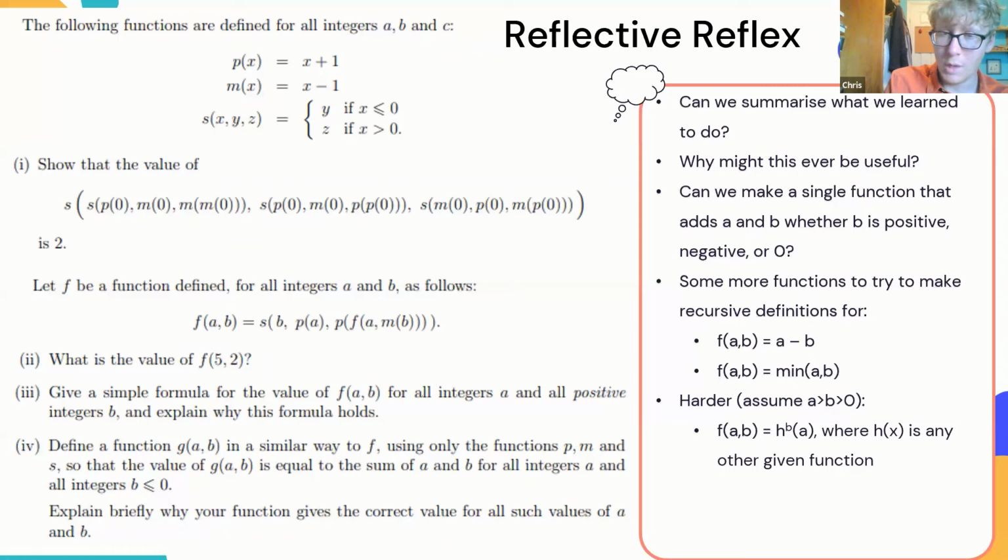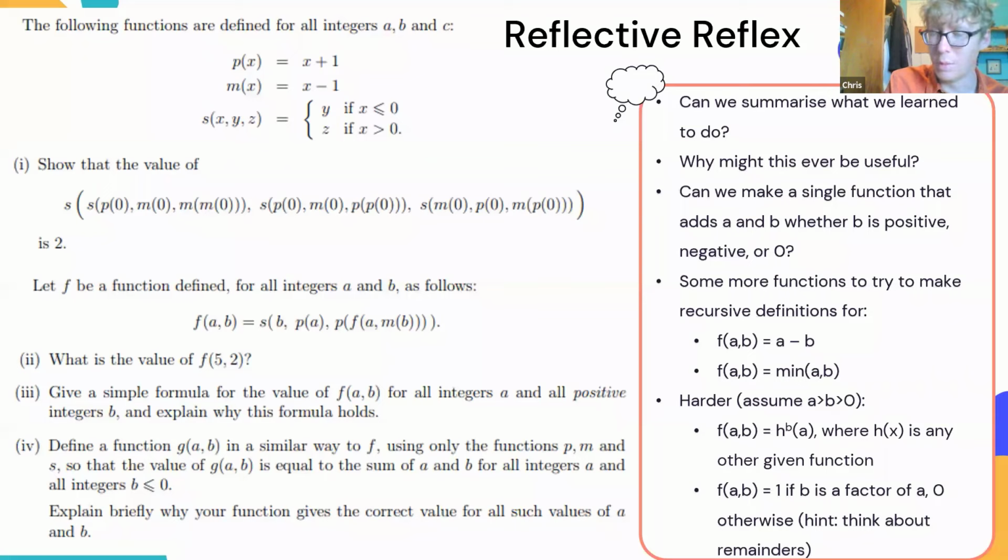So that would correspond to making a function that, just for example, returns 1 if B is a factor of A and returns 0 otherwise. So that was kind of my last suggestion for something you could try to make. That one I think might be quite difficult if you try that, but it could well be worth doing.